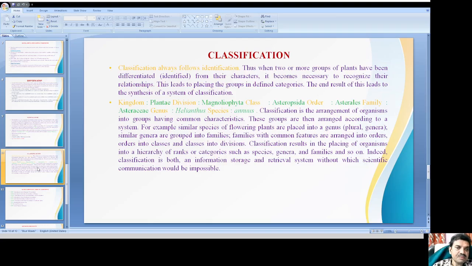And obviously there is a definite system of classification, so that any people of the earth, irrespective of their need, either to pursue academic research or to address socio-economic needs, can easily identify the plant and use it for different purposes. So I think you can understand the basic idea of plant taxonomy.